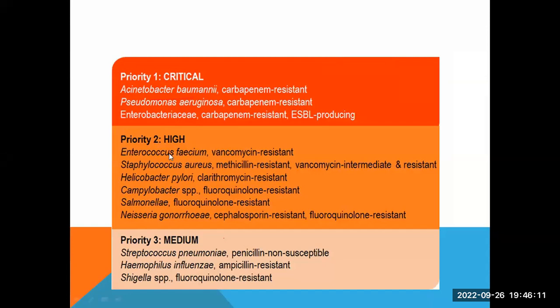And then we have the high, which is the Enterococcus, as I was talking about earlier, which is a gram-positive, and the Staphylococcus, which is again a gram-positive. And then the medium, which is the Strep pneumoniae, and this is not very commonly found in Egypt. Supposedly the Strep pneumoniae is a normal colonizer and a normal carrier.